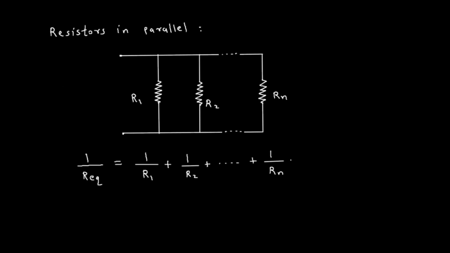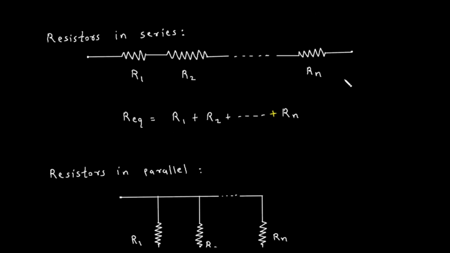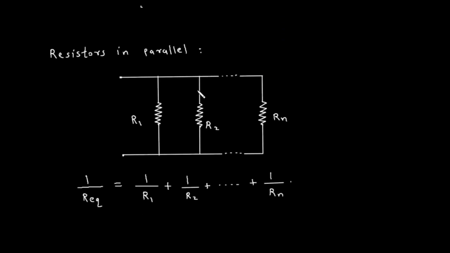Now what will happen when the resistors are connected in parallel? Here we can see R1 is in parallel with R2, up to Rn. We can connect multiple resistances in parallel. Now remember one more thing: when resistors are connected in series, the total resistance increases. If we connect the resistors in parallel, the more resistors we connect, their total or equivalent resistance will decrease.